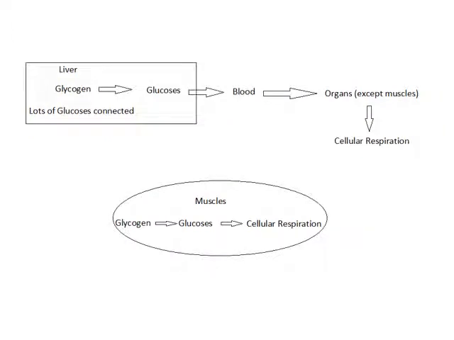Okay, so let's talk about this process. Let's say you have some glucose floating around in your blood, and let's say it gets kind of high. Your body says, well, I don't need any more glucose for my cells or my brain, so can you do something with the glucose? We don't want to just get rid of it.